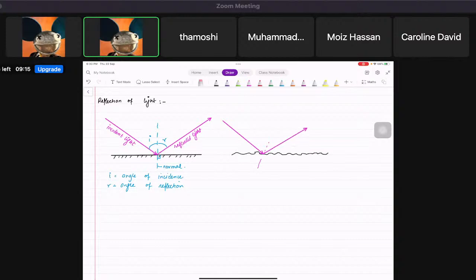So light that comes from different points reflects with the normal here like this, so it would reflect like this. It seems like it is irregular, but it follows the same rule. The law of reflection is always followed, whether it's irregular or normal reflection, and that is that angle i will always be equal to angle r. That has to be there all the time. Is it clear, everybody?